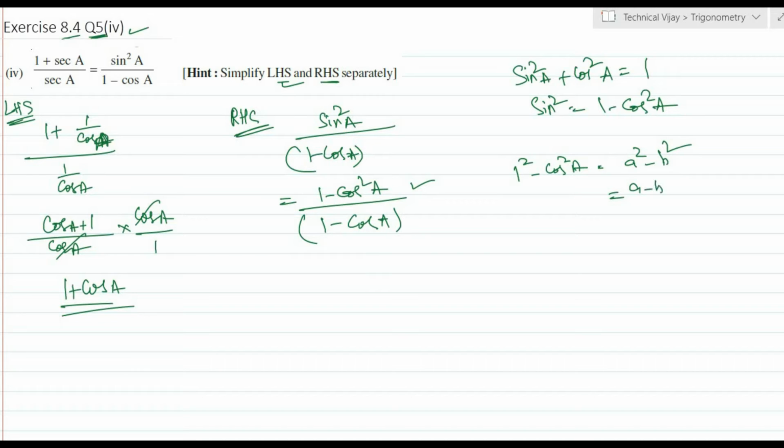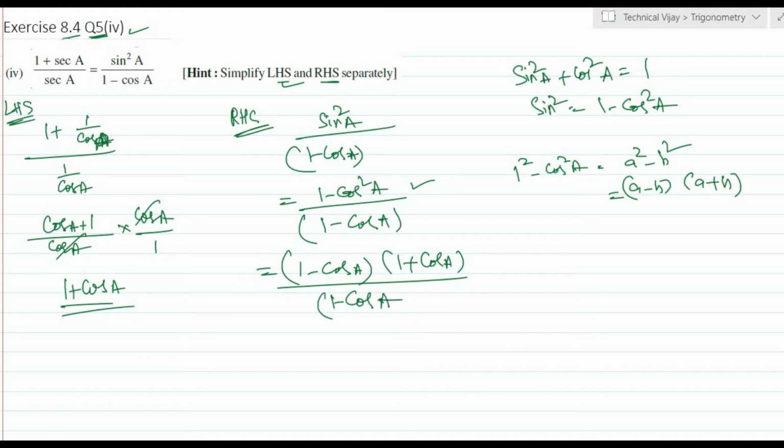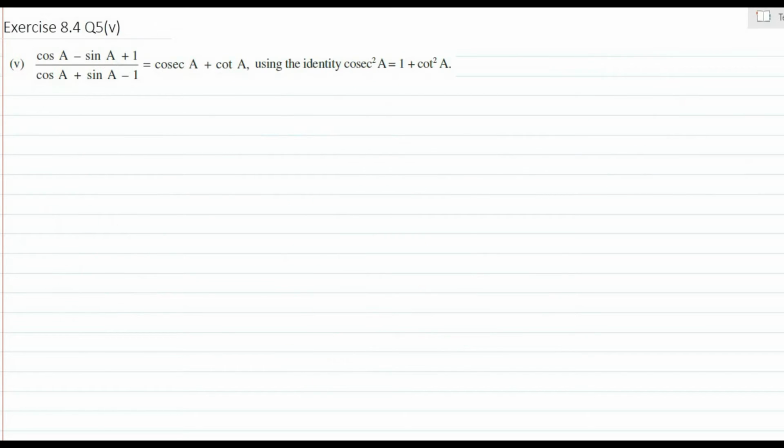So this is equal to A minus B and A plus B. So we will substitute here 1 minus cos A into 1 plus cos A, whole divided by 1 minus cos A. So this gets cancelled. So this is equal to 1 plus cos A. So you see here this is also same and this is also same. Hence both are same.